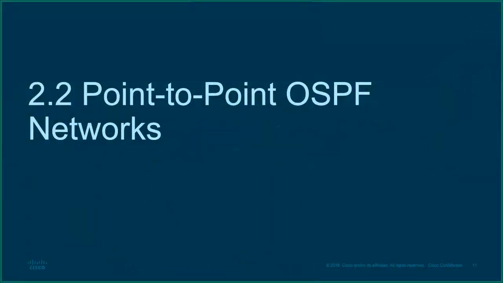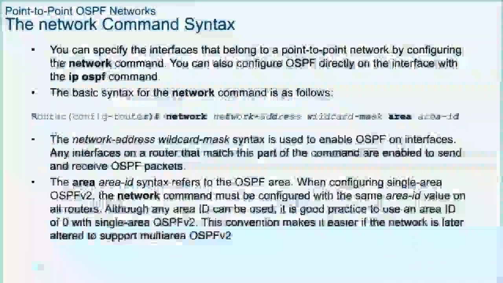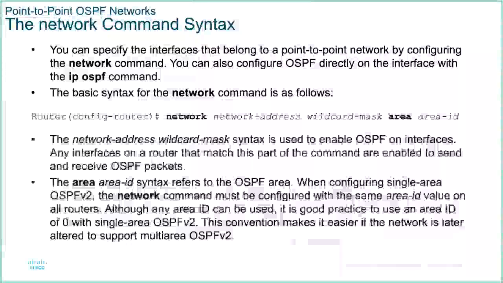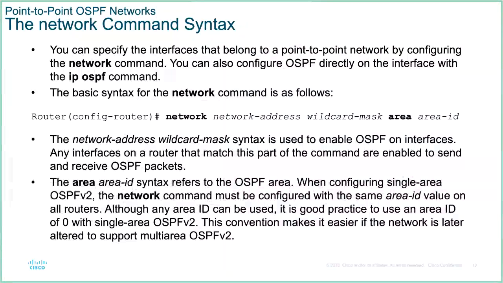Section 2.2 is our point-to-point networks. So we can specify our network in the instance, so router config-router, and the command is network, so we're now specifying connected network to the process.